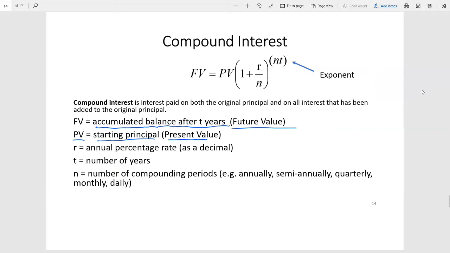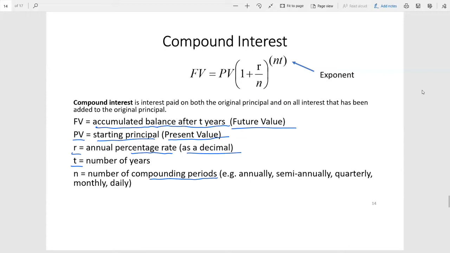I generally call it the principal, the present value. R is the annual percentage rate as a decimal. T is the number of years. And N is the number of compounding periods per year.